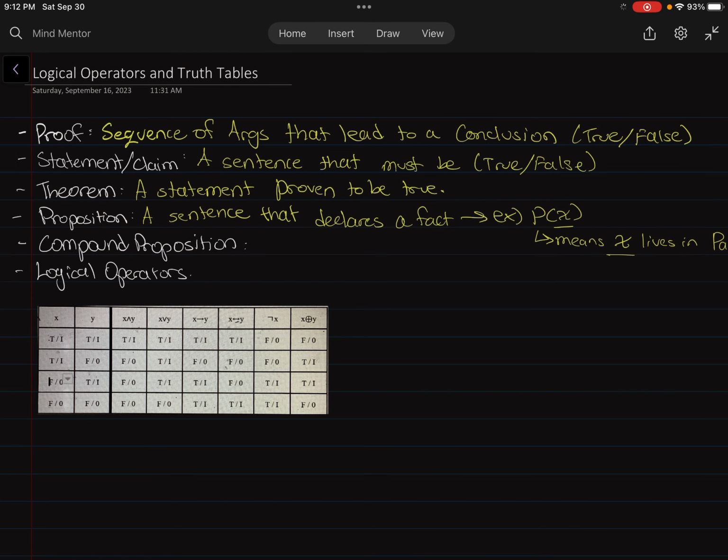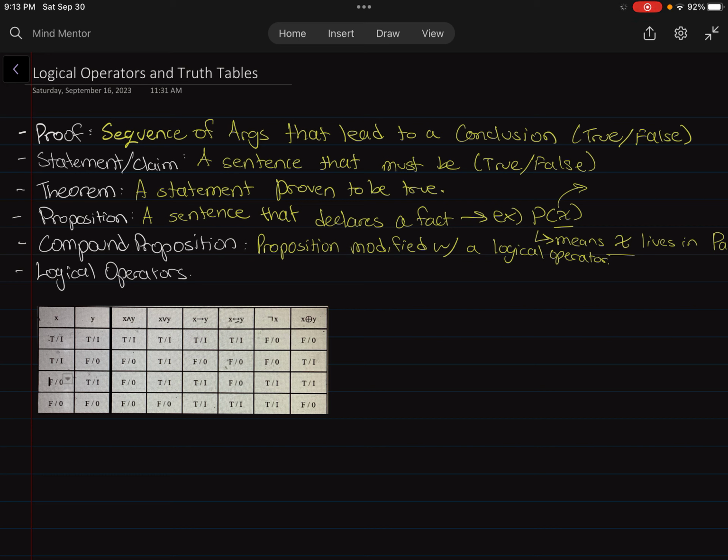Next up, we have a compound proposition, which is a proposition modified with a logical operator. Also, something important to note that not all propositions, for the sake of this course, require to have an argument inside of it.